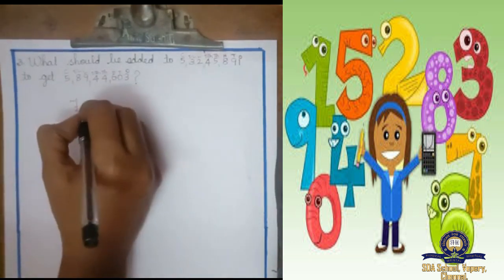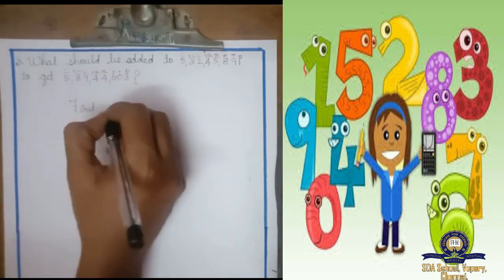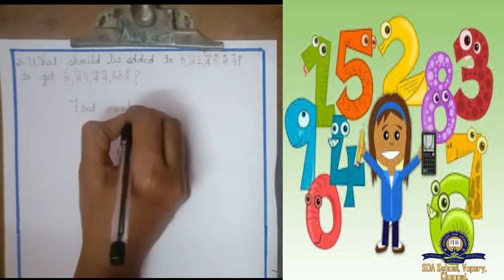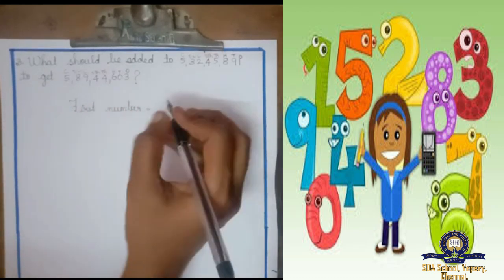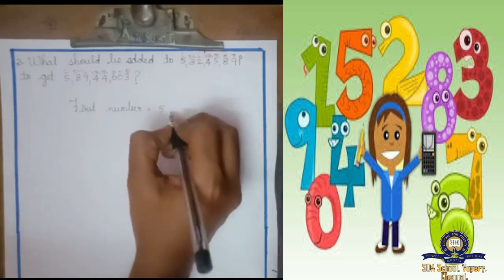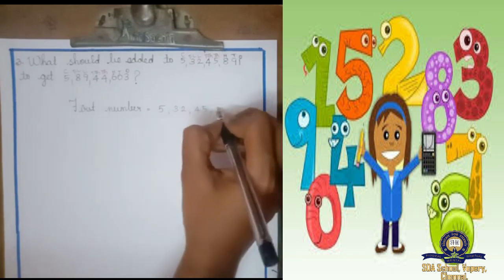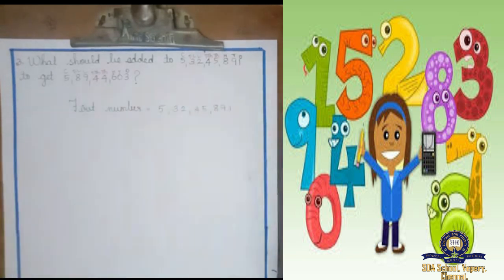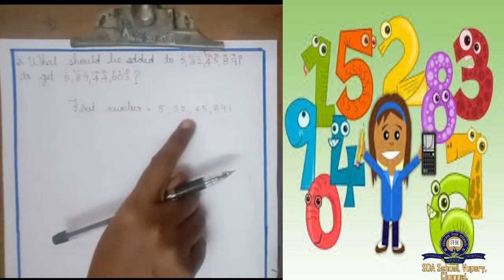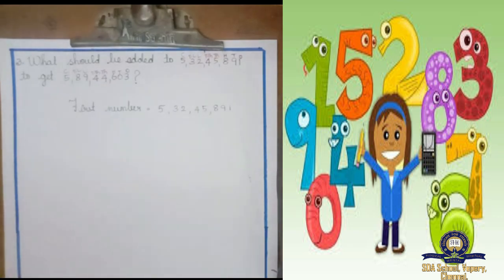Okay, first number. So what is the first number? 5 crore 32 lakhs 45,891. So to this first number we have to add a second number, or other number.